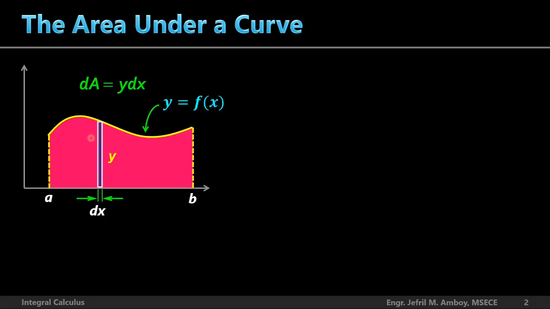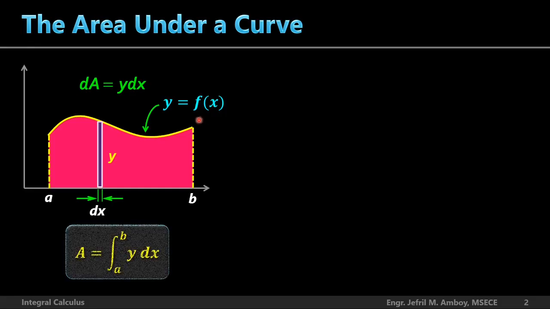And I also integrate the right side, which will give me the integral of y dx, which we will evaluate from a to b. Okay, here, a is the lower limit, which is the value of x at this point, and b is the upper limit, which is the value of x at this point. Okay, so we have to take note that since here the variable of integration is x, the values of our limits, the lower and the upper limit, must be values of x.